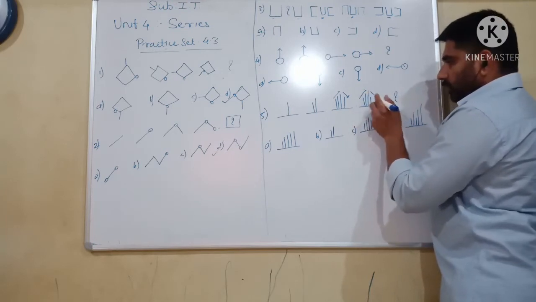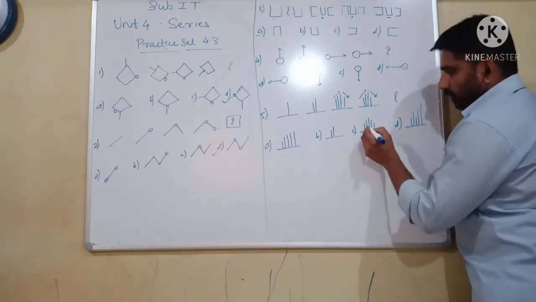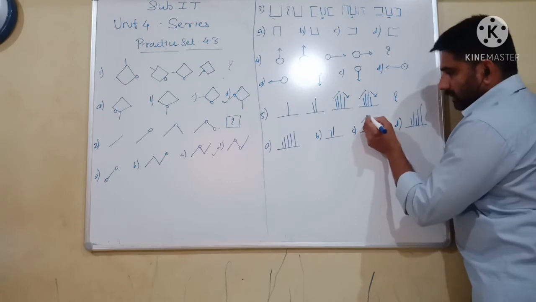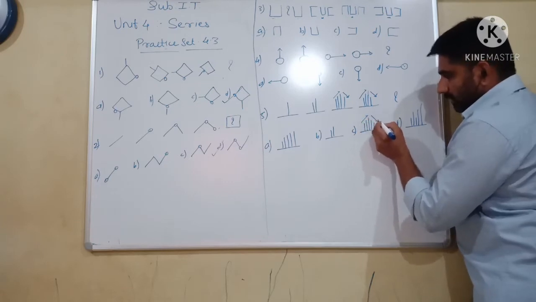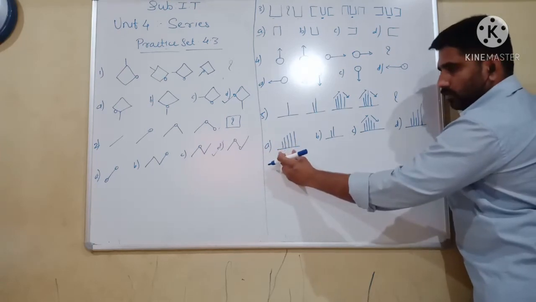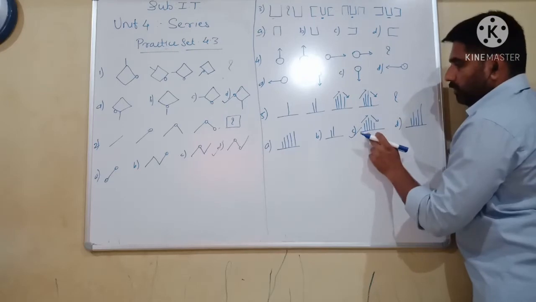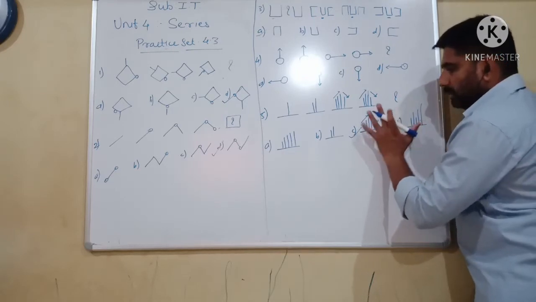So after the fourth, the fifth will come. Up to 3 it gets increased, after 3 it gets decreased. So 2 will be the decreased one. So the right option is option number 3.